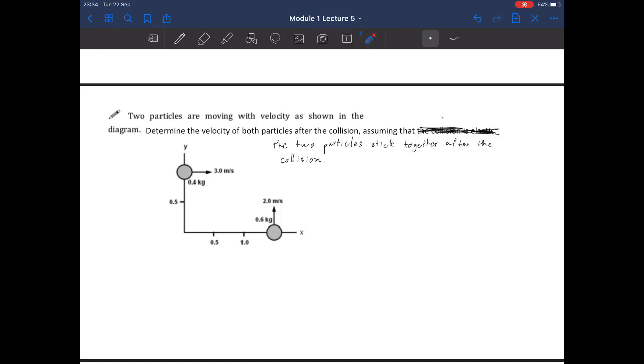Okay, so what does that mean? It means that after the collision, the two particles just move with the same velocity.